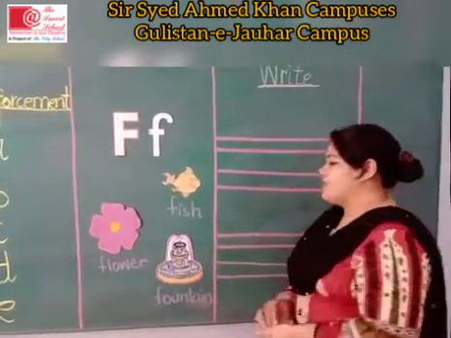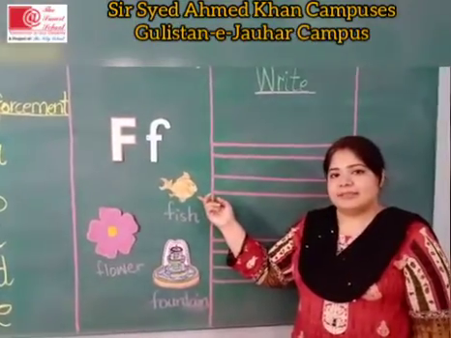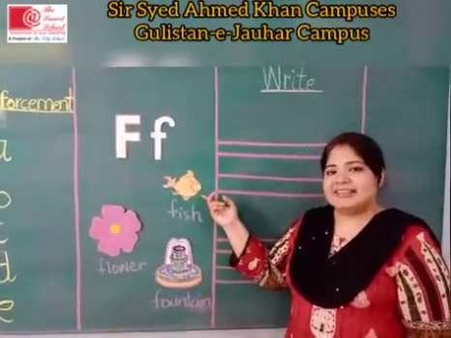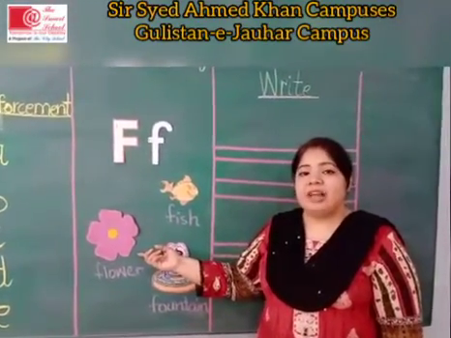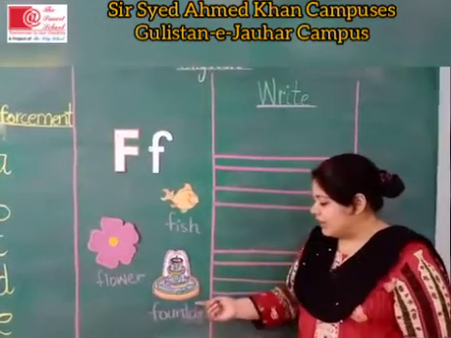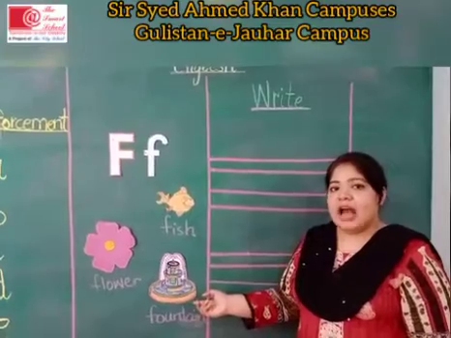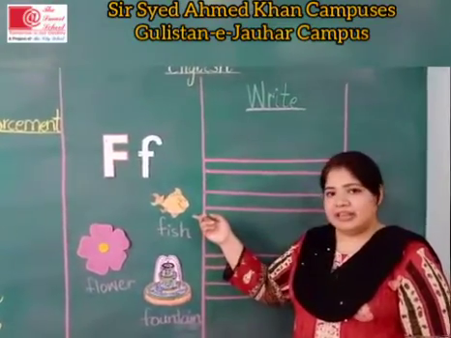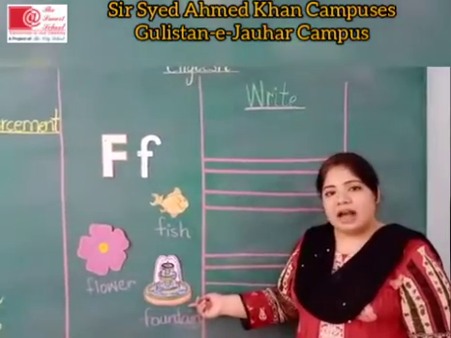Okay, now we have some vocabulary here. What is this? Fish. Yes, this is a fish. And what is this? Flower. Well done. What is this? Fountain. Fish, flower and fountain.